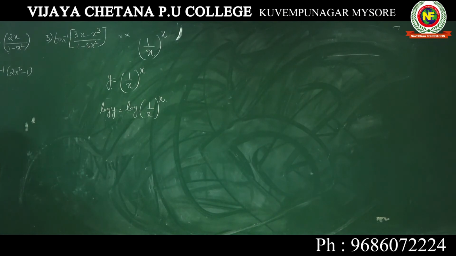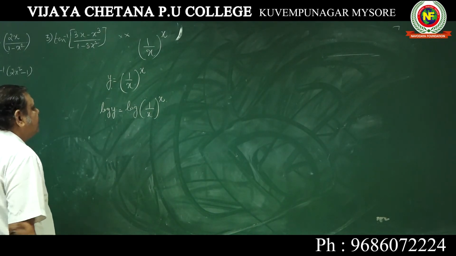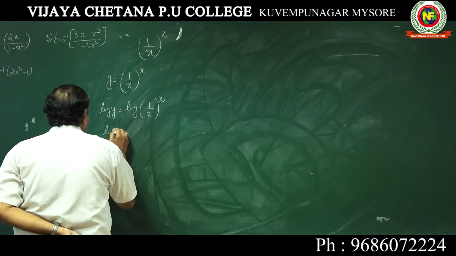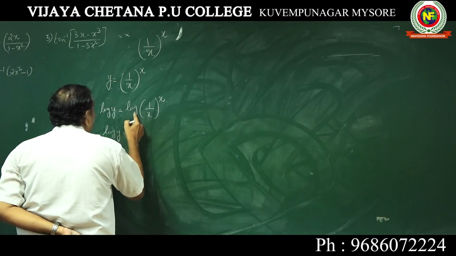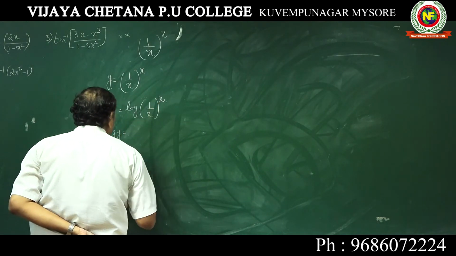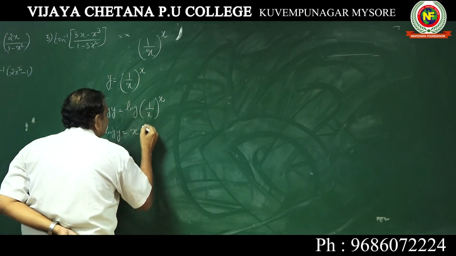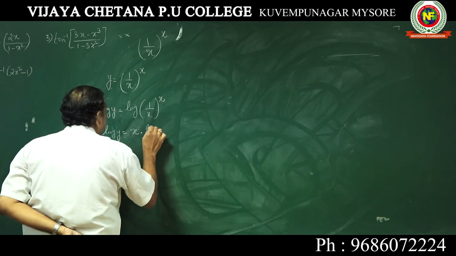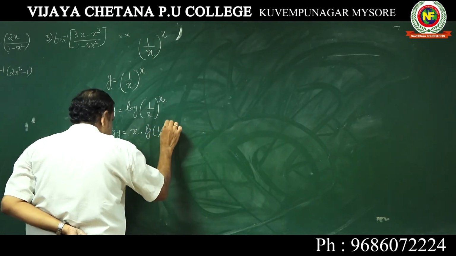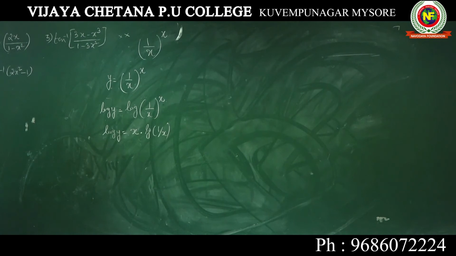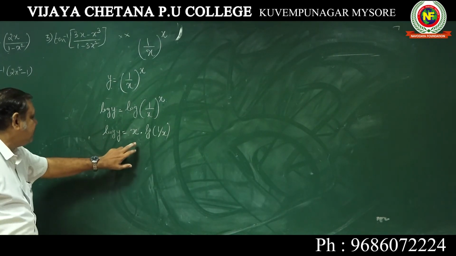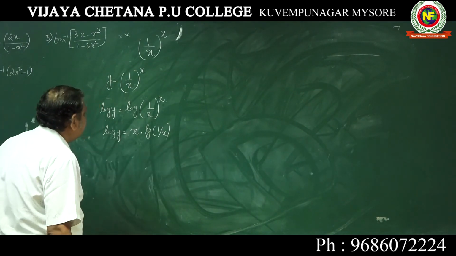Now log m to the power of n is n log m. This x will come by the side of log of 1 by x. Very important thing. Log y is equal to x into log of 1 by x.